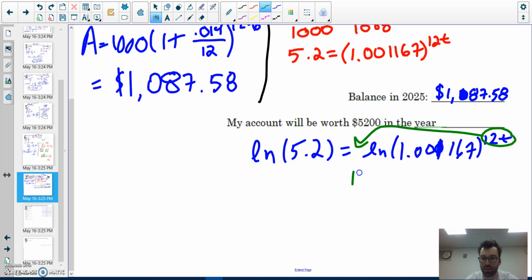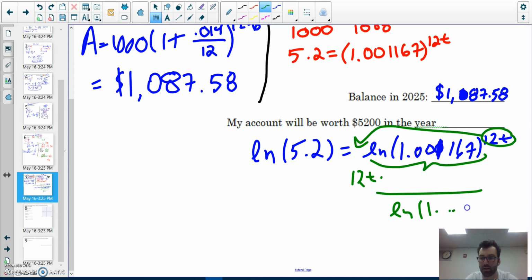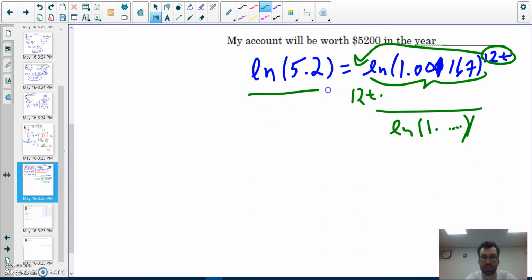So I get 12t times the natural log of that number equals ln of 5.2. Well, I'm going to divide both sides by the natural log of 1.0011667, get some number, and then divide that number by 12.